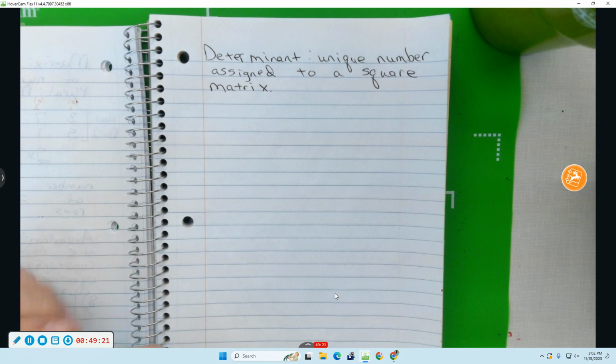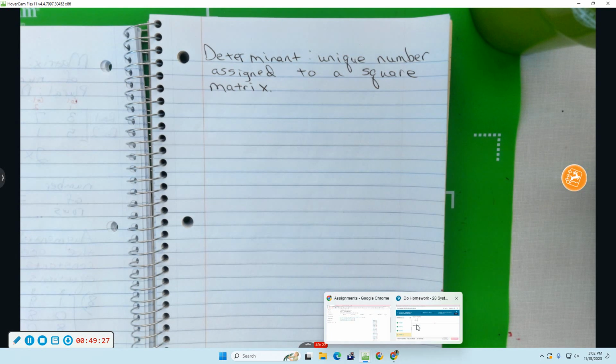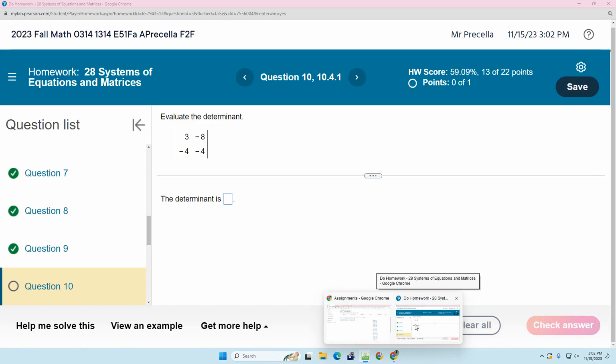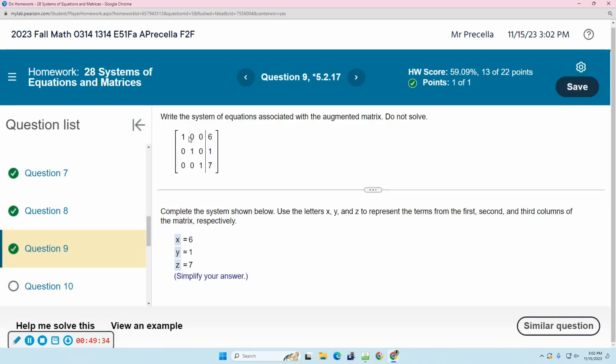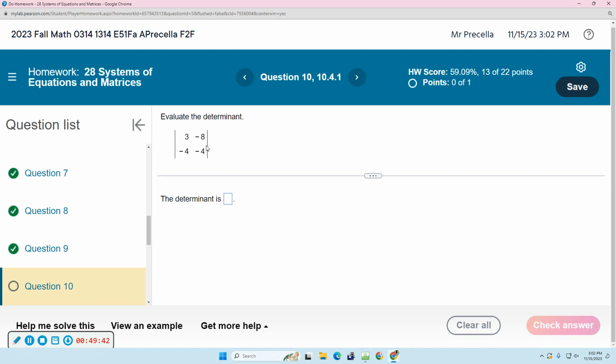Now, normally we enclose a matrix in brackets. Look at number 9. Go back to that matrix there. You see it's enclosed in square brackets. You see the little hooks on the top and bottom? They're brackets. But to represent a determinant, we use big absolute value bars.